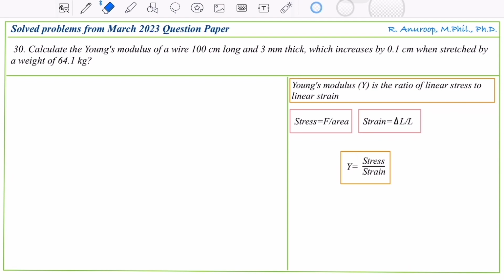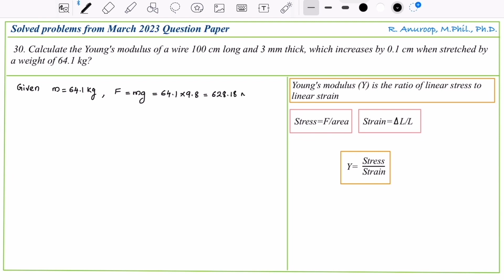It is given that the mass is 64.1 kilogram. To calculate stress, we have to find out the force. Force F is equal to mg, that is 64.1 into 9.8, that is equal to 628.18 Newton. This is the force.